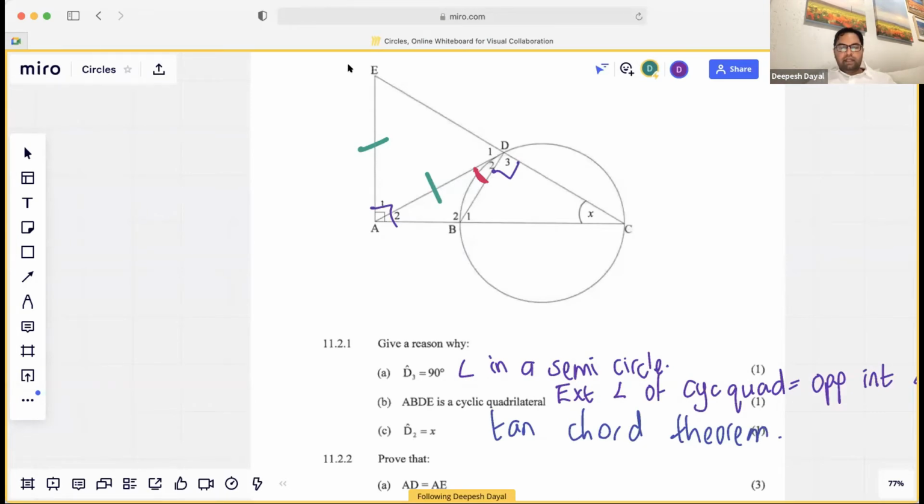How can we prove that? We've got D2 was X, remember? And A1 and A2 is 90. They want us to prove that AE equals AD.